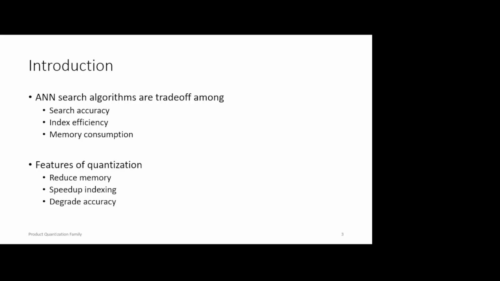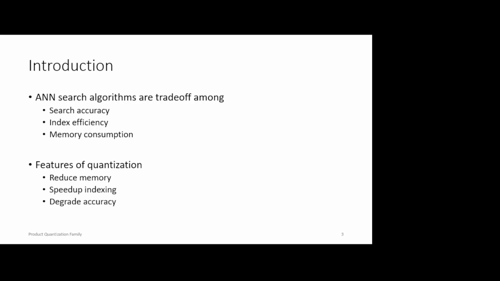I think the main thing of this course is approximate nearest neighbor search. ANN search we addressed several weeks ago. The ANN search algorithm is actually a trade-off among search accuracy, index efficiency, and memory consumption.